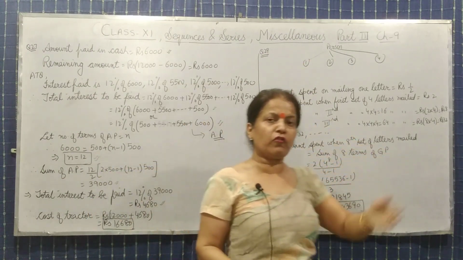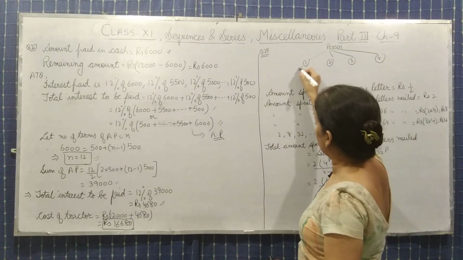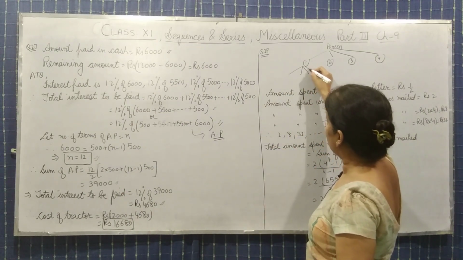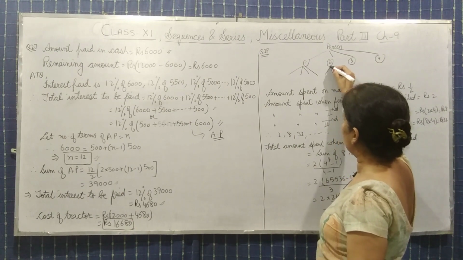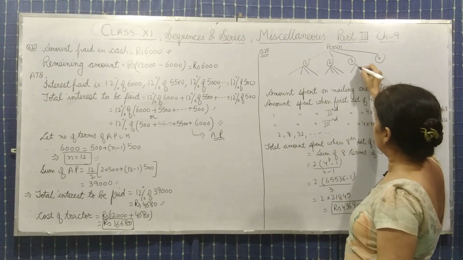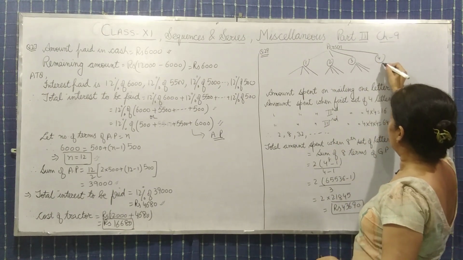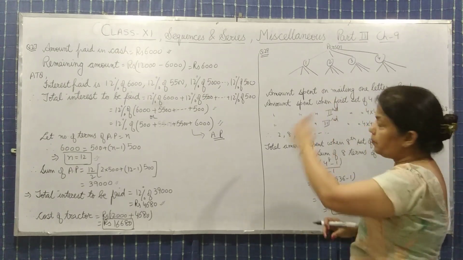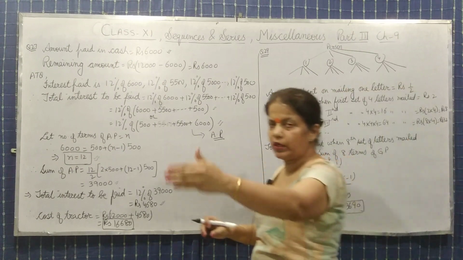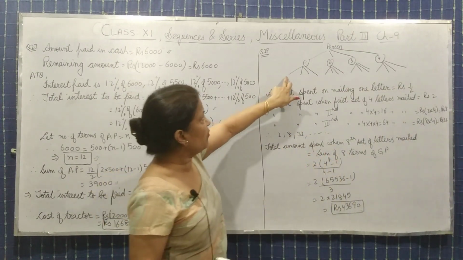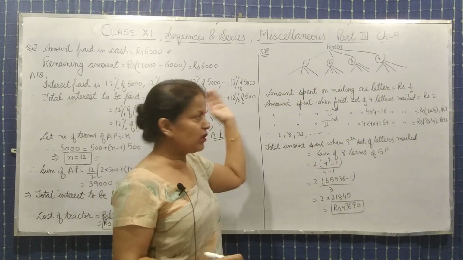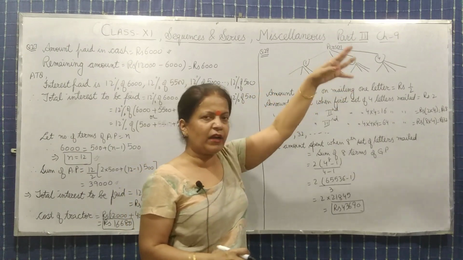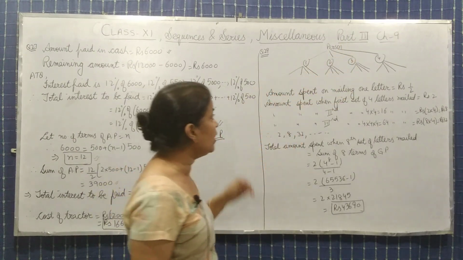Like this, and this chain goes on. Each of these friends will mail it to 4 further friends, and so on.